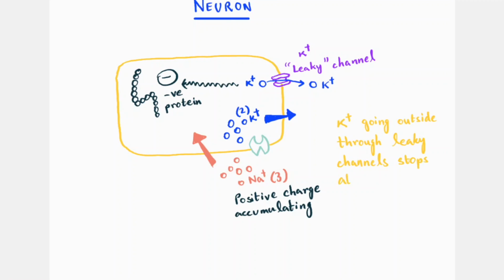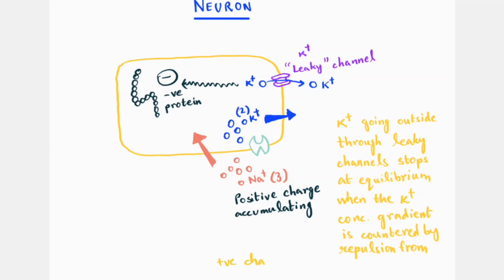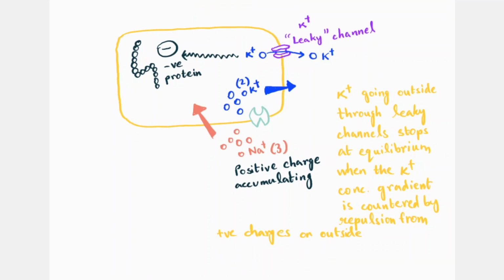There's a point at equilibrium when the K plus concentration gradient is countered by repulsion from positive charges on the outside and attraction from negative proteins inside, right?